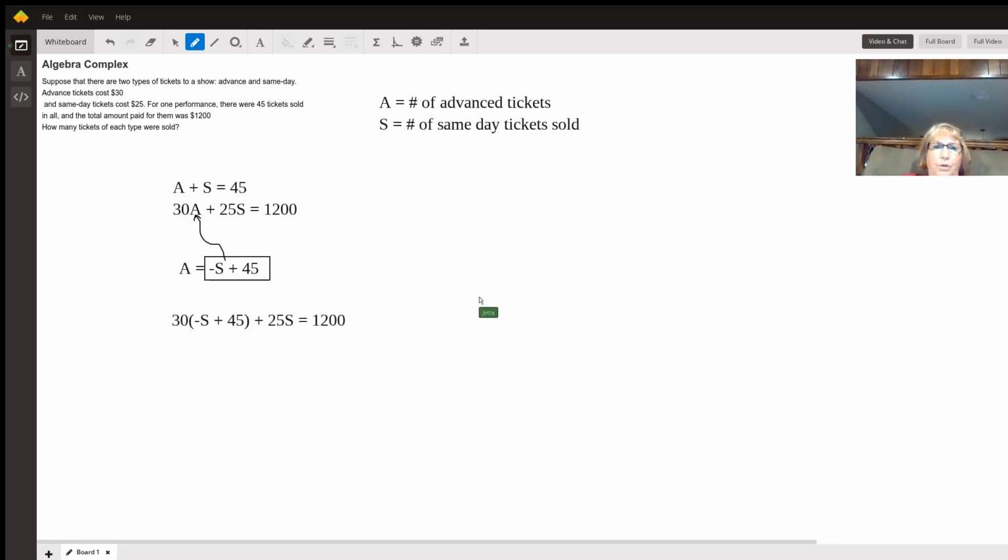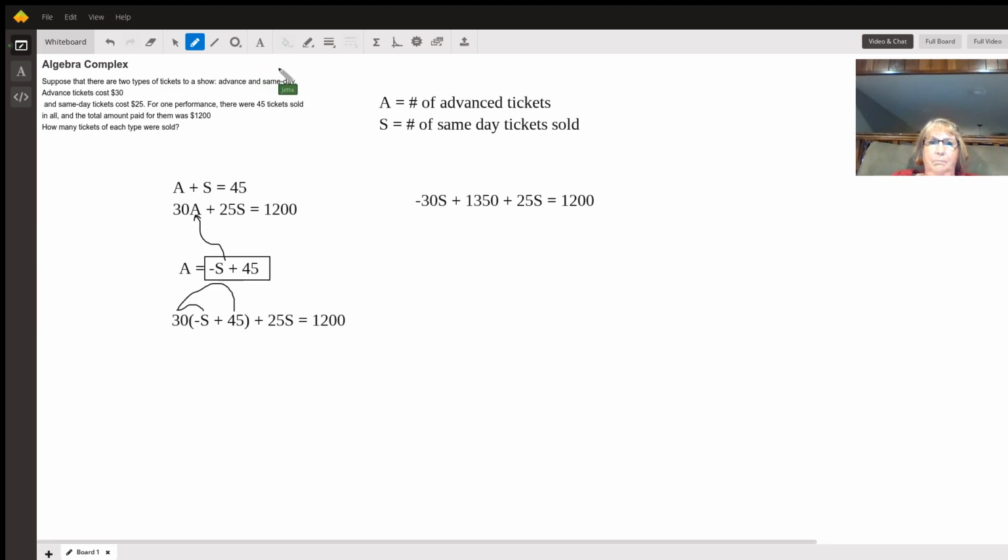Then, of course, you distribute the 30 to everything in there. That leaves me with negative 30S plus 45 times 30, which is 1,350, plus 25S equals 1,200.